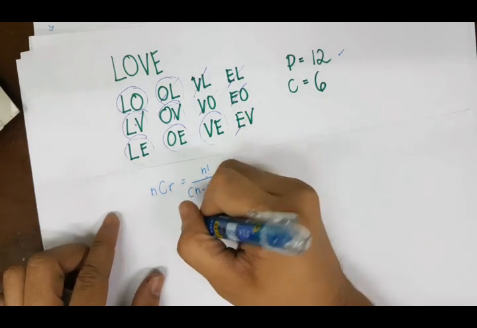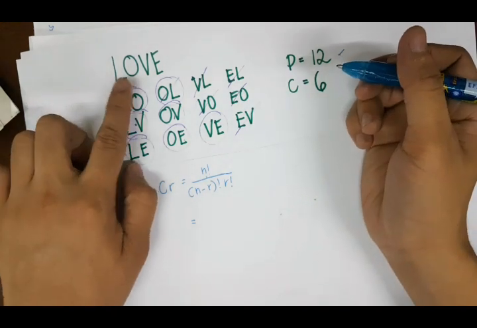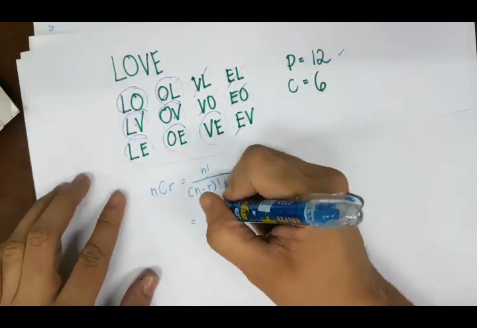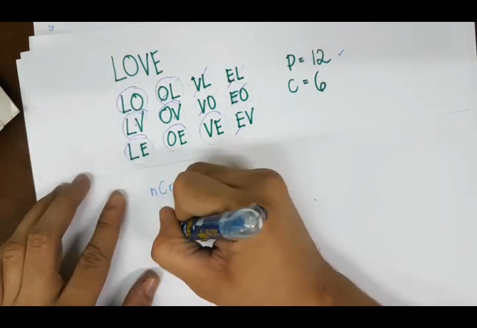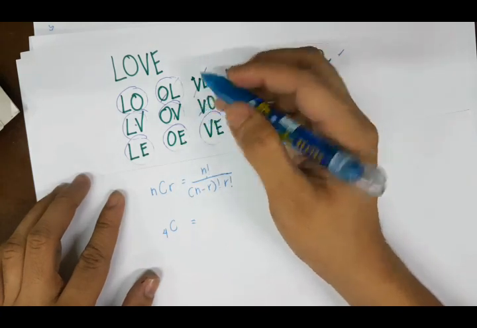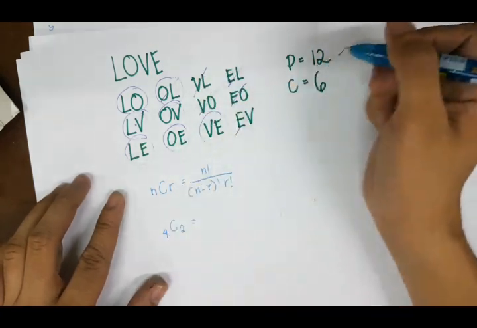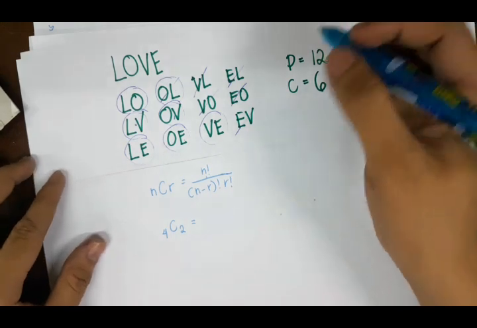We have a total of 4 objects or letters here, so n is 4. For 4 combination, our r is 2, since we are going to take 2 letters at a time.